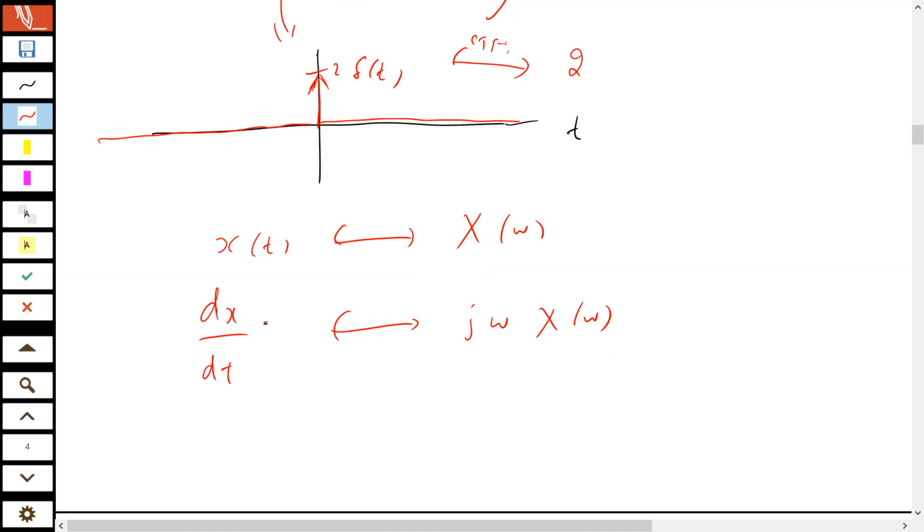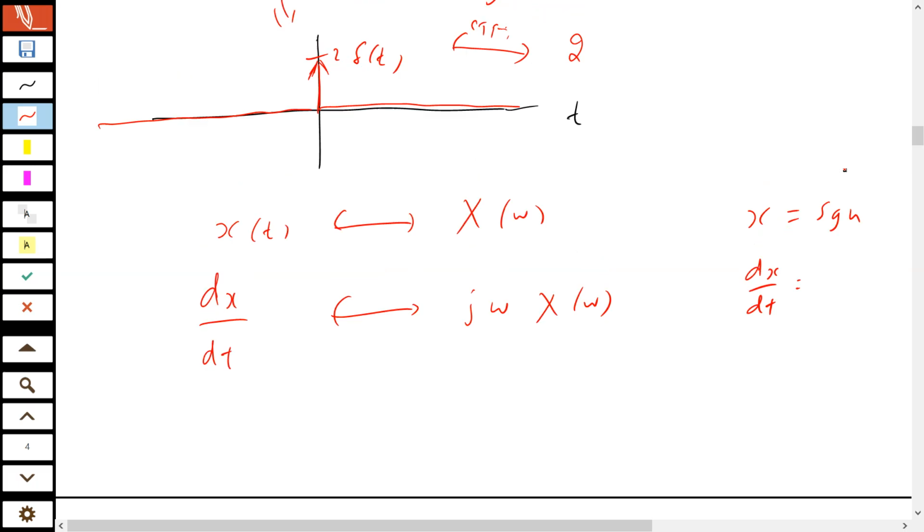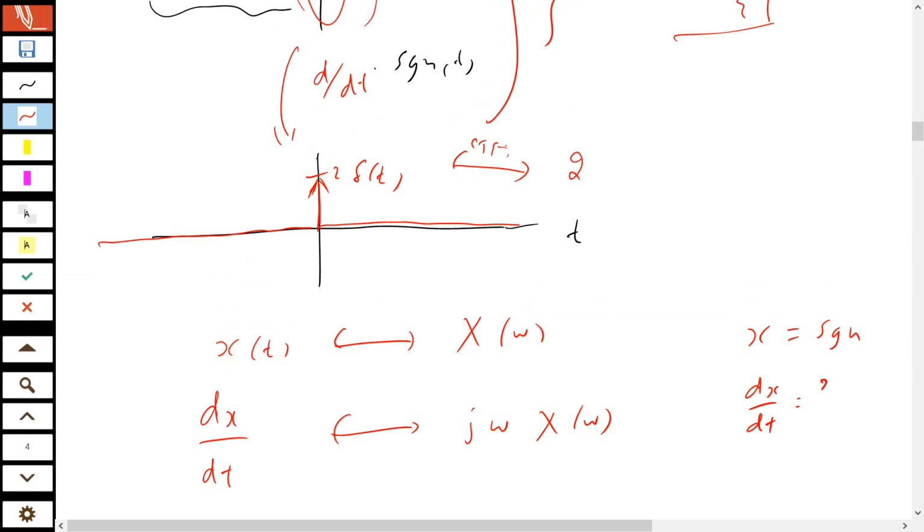If x is equal to, sorry, not delta, signum, what is dx over dt? 2 delta, right?